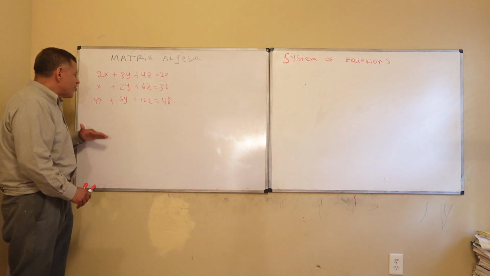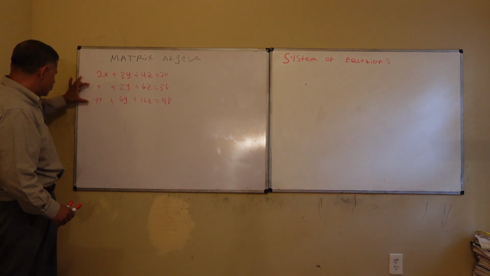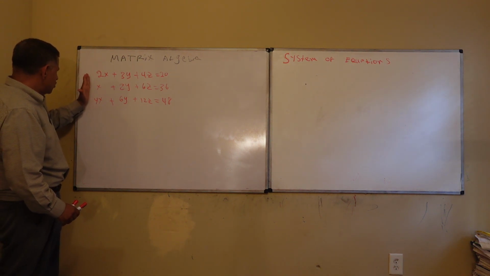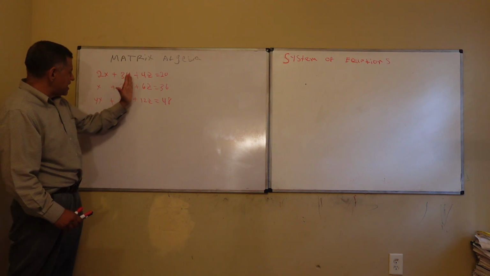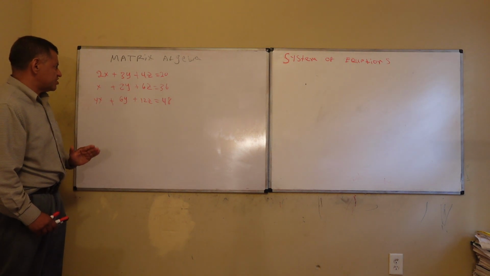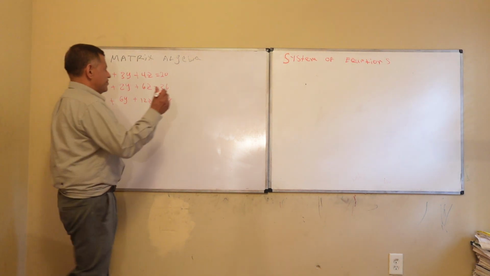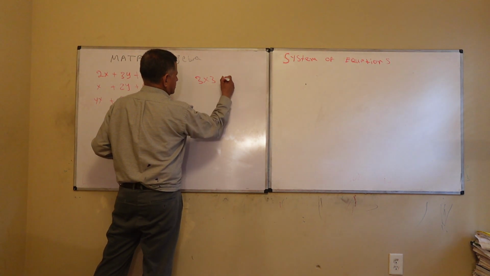Right, so first we look at the problem. We have 3 rows, 1, 2, 3, and we have 3 columns. We have a 3 by 3 matrix.